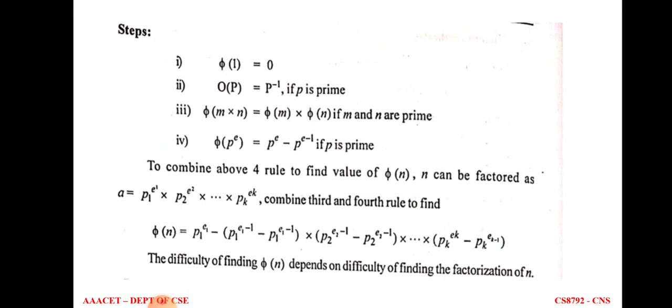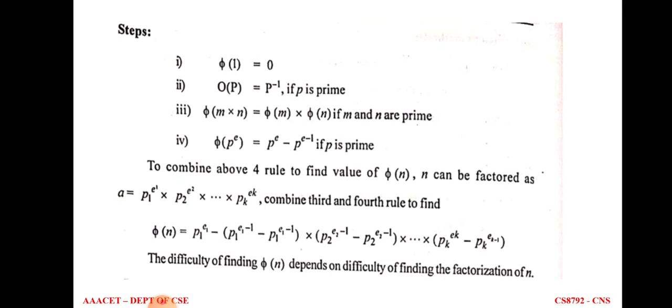The second rule is phi of P is equal to P minus 1. If the condition is satisfied and P is a prime number, we apply the second rule, that is P minus 1.